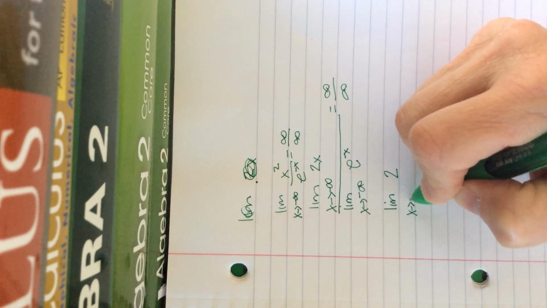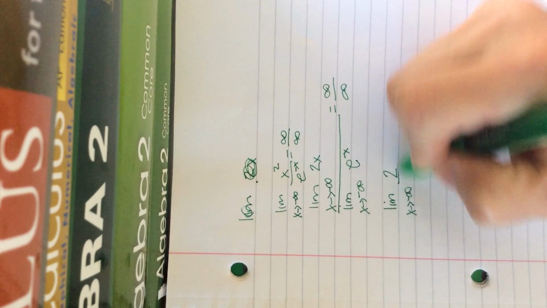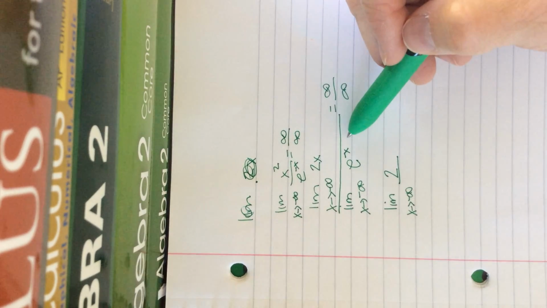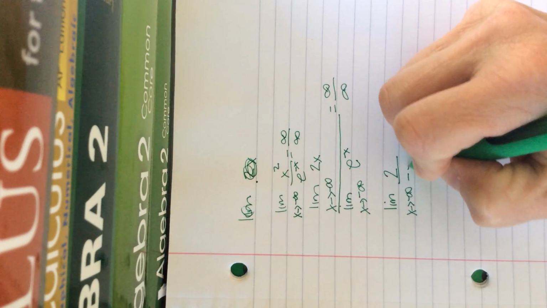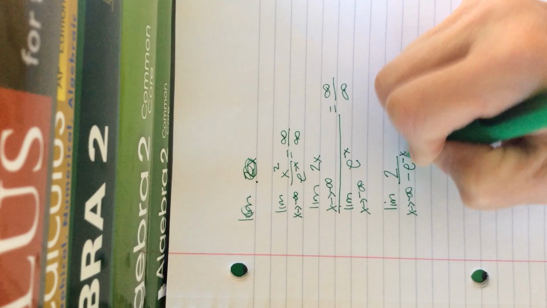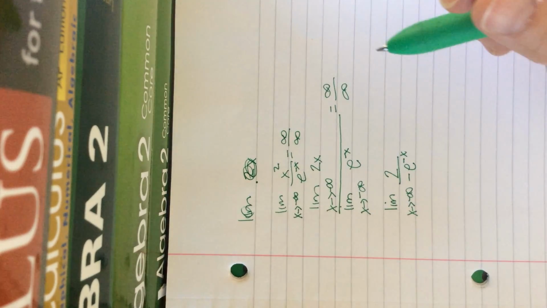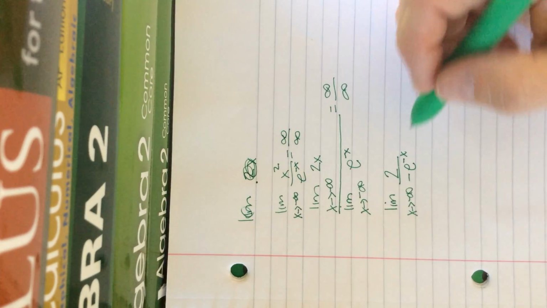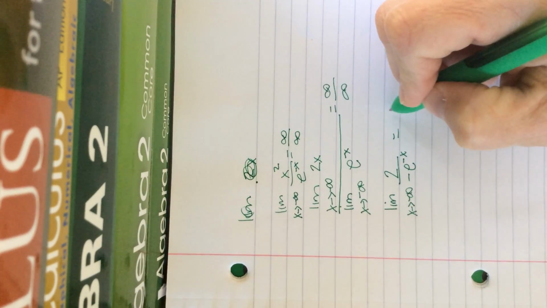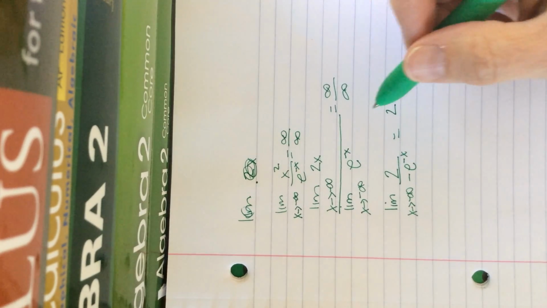As x approaches negative infinity, the derivative of e to the negative x is negative e to the negative x power. So now let's think about this. My numerator is 2.